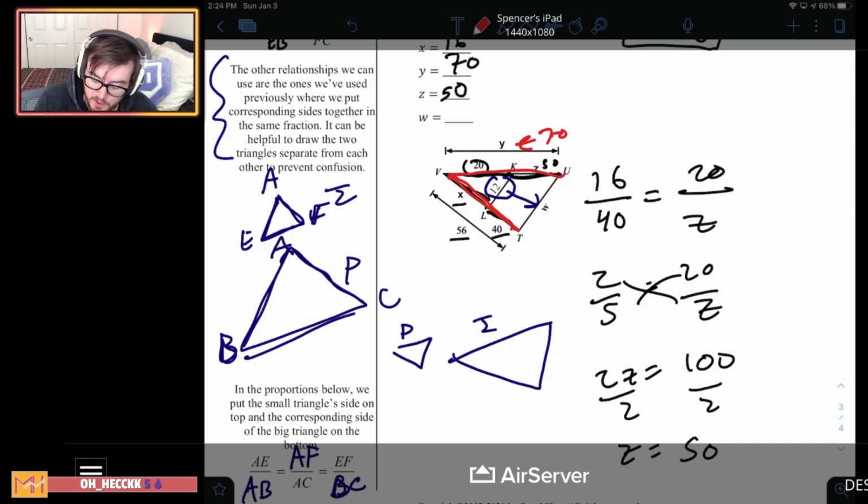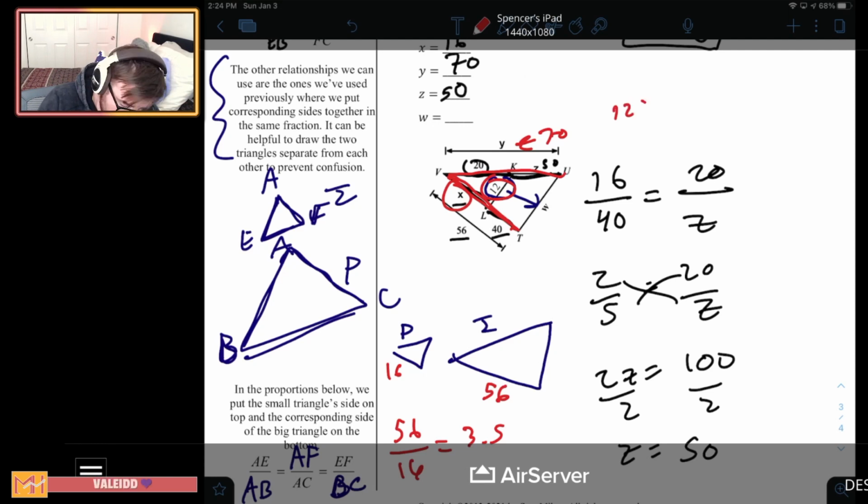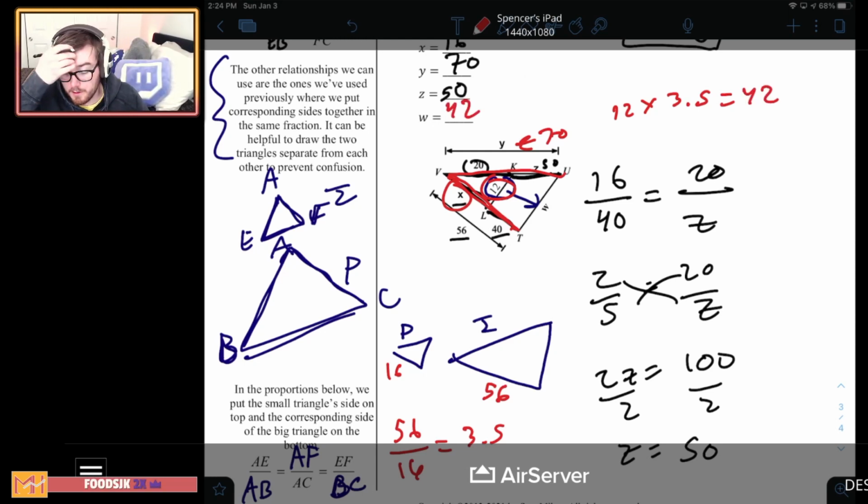And I can show you both if you're interested. So this is 56, and x right here is 16. So 56 over 16 equals, what is that? 3.5. So if I take 12 and multiply it by 3.5, what do I get? 42. So W is 42.